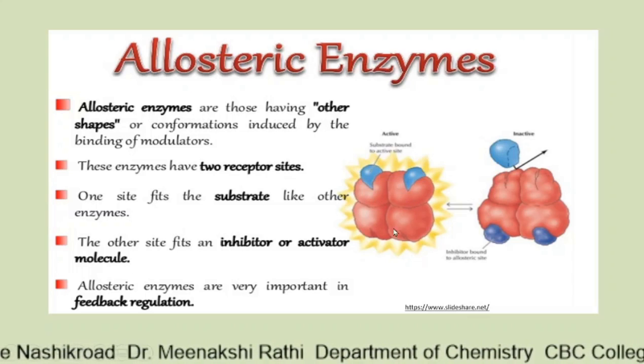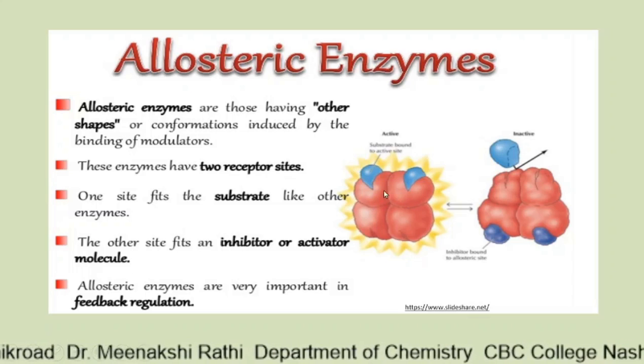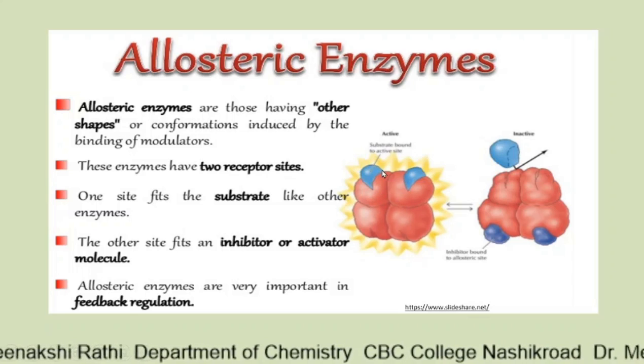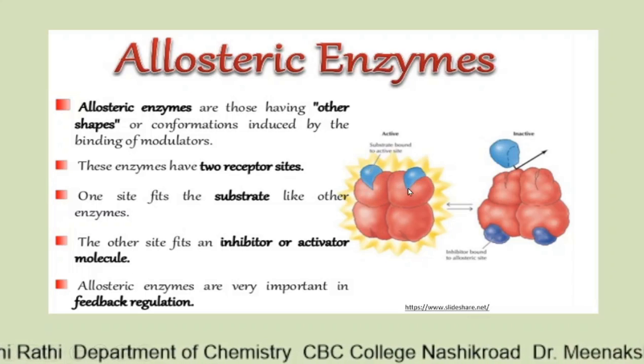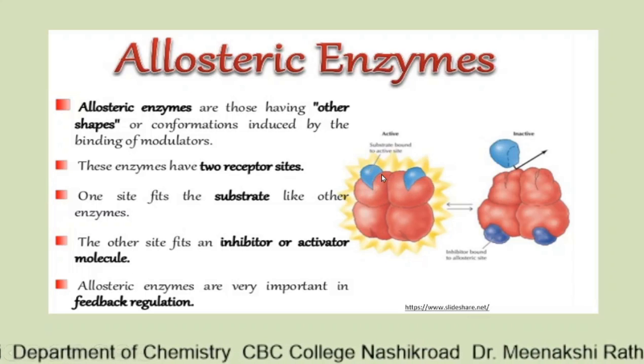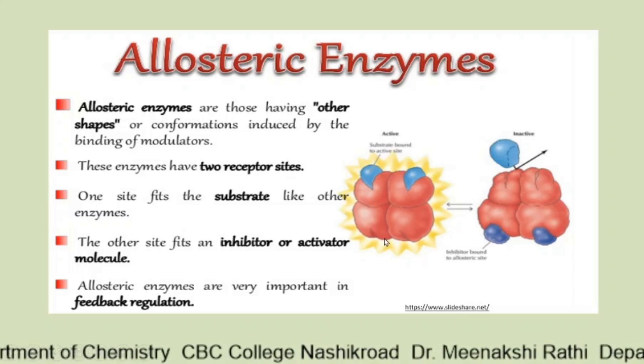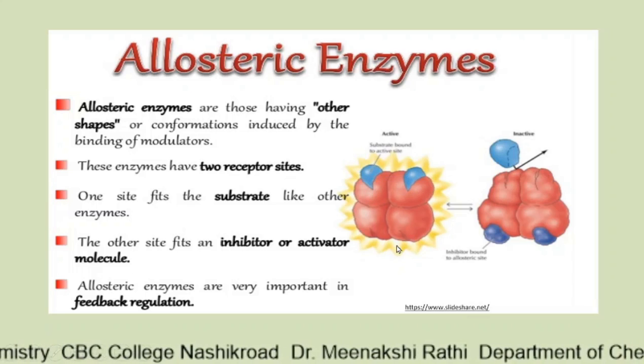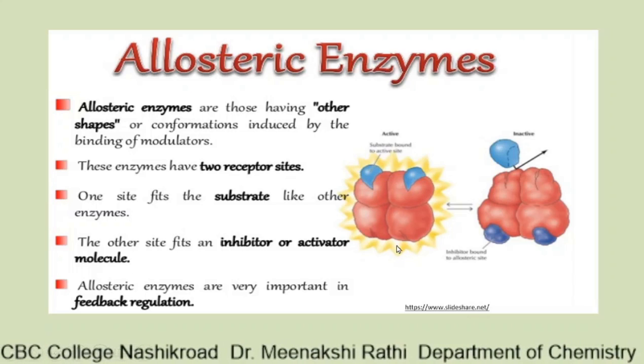Now this red part is the enzyme, and it has this site where the blue structure is attached, which is called the active site, and at the bottom it has one other site, which is called the allosteric site.